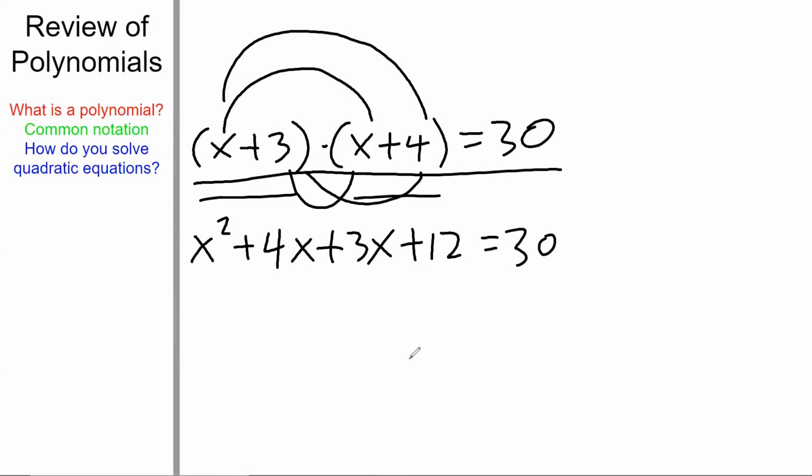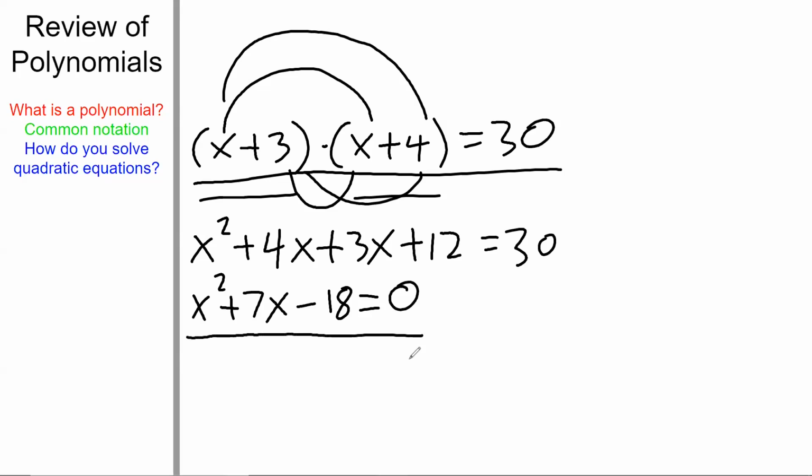So once you simplify this, you would get x squared plus 7x minus 18 is equal to 0. So then this would be your quadratic.